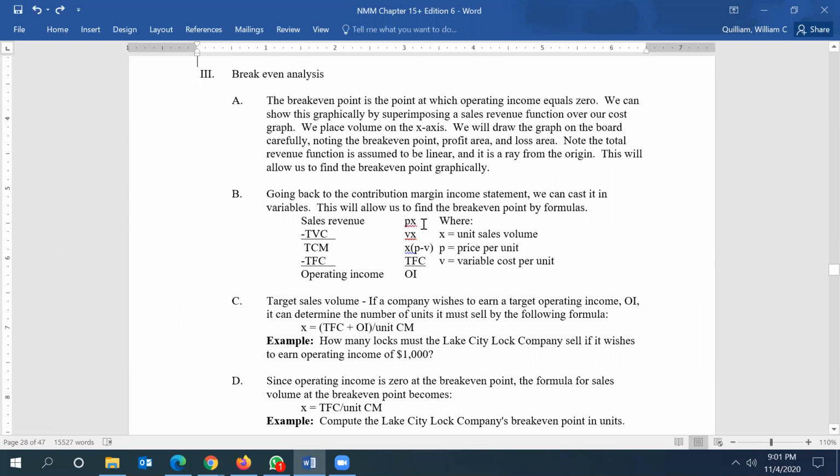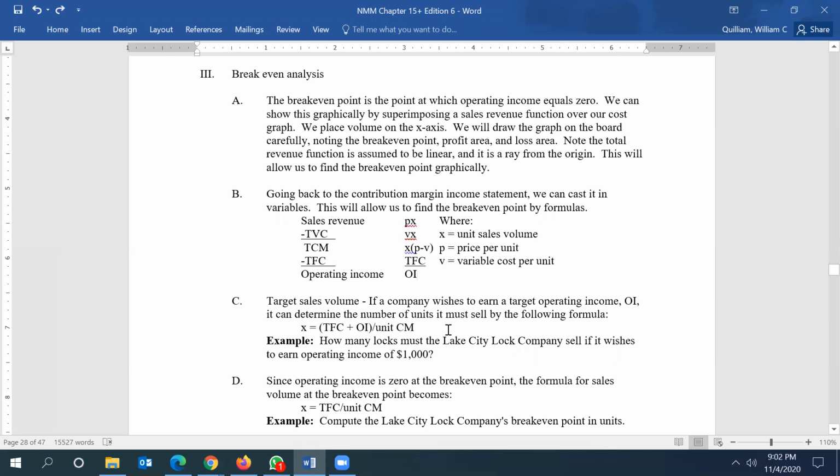So sales revenue, PX, total variable cost, VX, then total contribution margin, just as I factored that out earlier, X times P minus V. So I'm really saying total contribution margin equals unit volume times contribution margin per unit. Then subtract total fixed, leave that as a constant term, giving us operating income, OI.